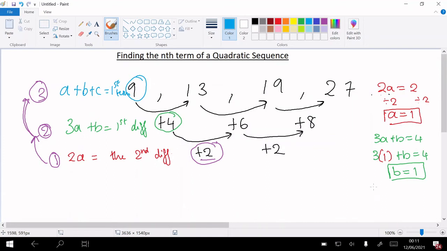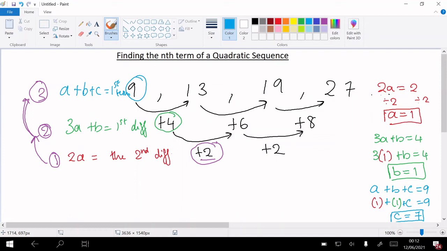So if I write the equation down, it's a plus b plus c is equal to 9. But once again, there are 3 unknowns, and we can't solve an equation with 3 unknowns. But if you look back, you had already figured out what a and what b is. So that means c is equal to 7.